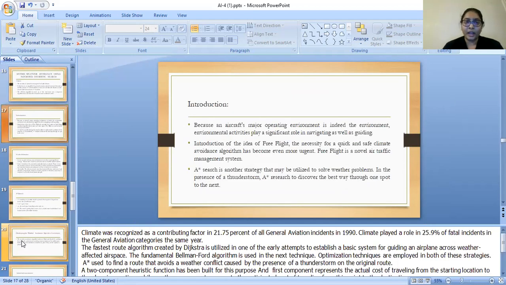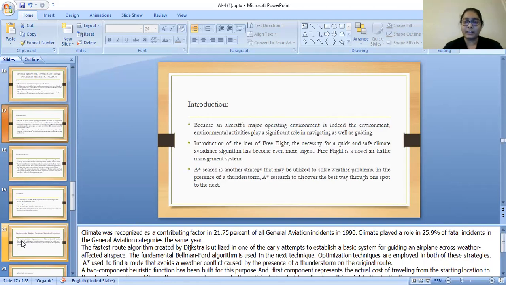Coming to the introduction, an aircraft's major operating environment is indeed the weather, and weather activities play a significant role in navigating as well as guiding. With the idea of free flights, the need for a quick and safe climate avoidance algorithm has become even more urgent.